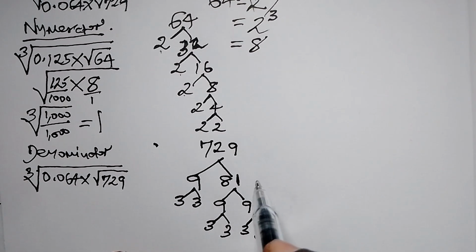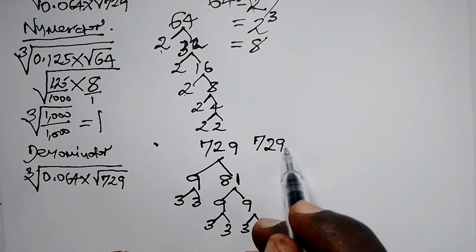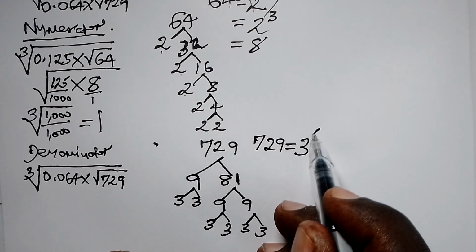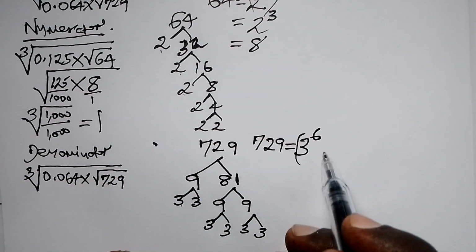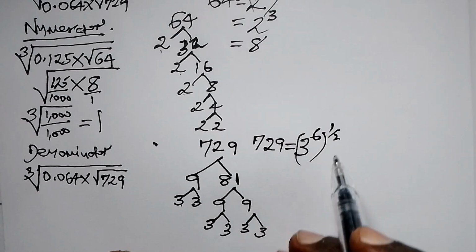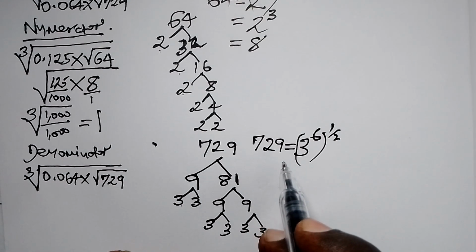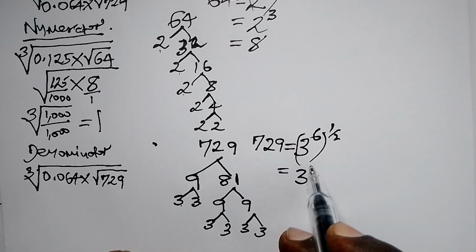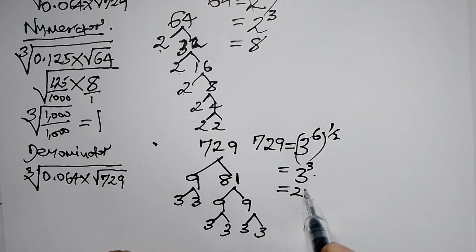Therefore, 729 will be equivalent to 3 raised to power 6. When we want to get the square root, we raise this to power a half. Therefore, the square root of 729 will be given by 3 cubed. And 3 cubed gives you 27.